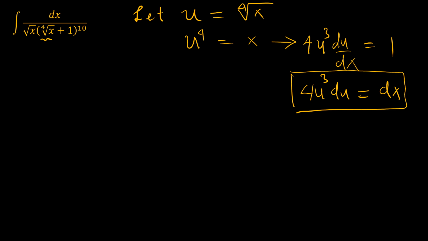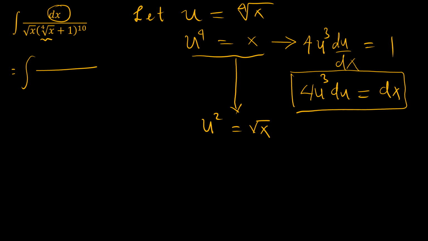However, we also have the square root of x, and that means that u squared is the same as the square root of x. So our integral now in the u domain becomes, in place of dx, we put 4u cubed du.